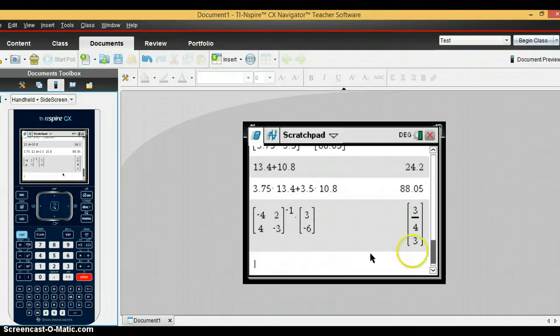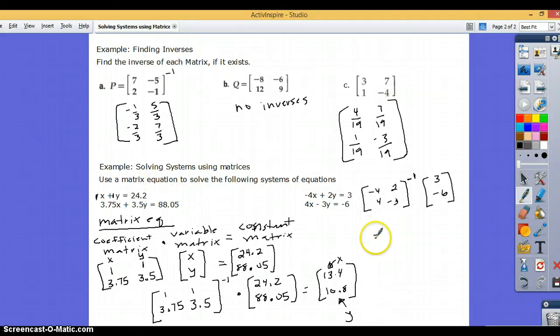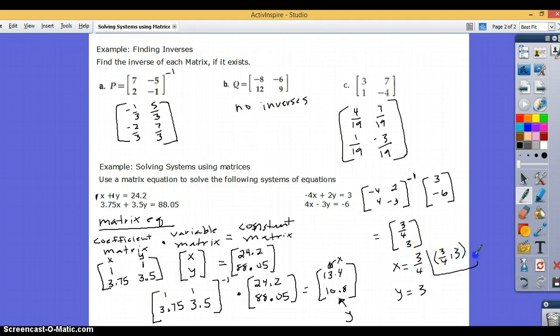And when we do that, we get our answer of 3/4 and 3. So X is 3/4, Y is 3. That is how you would see that as an ordered pair.